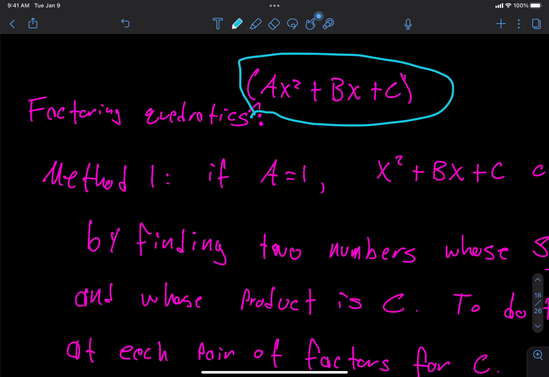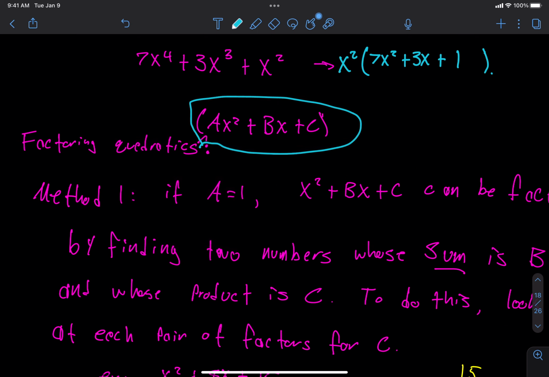A variable is a placeholder for a number that could take any value that we want. But a, b, and c are going to have a fixed, specific value when we're working on a problem. Okay, so let's talk about the first method for factoring quadratics.